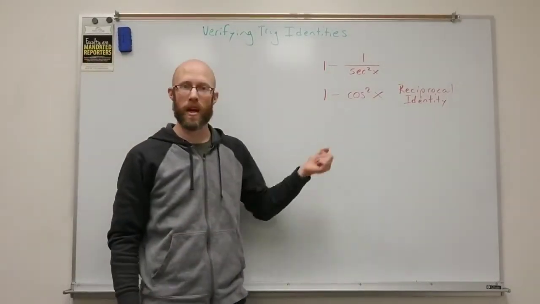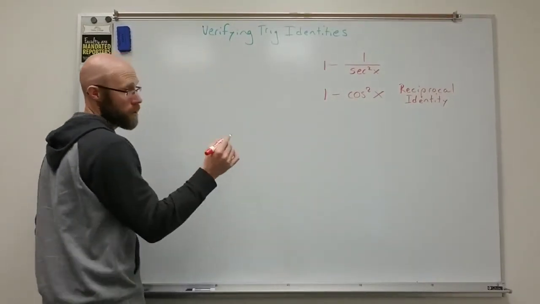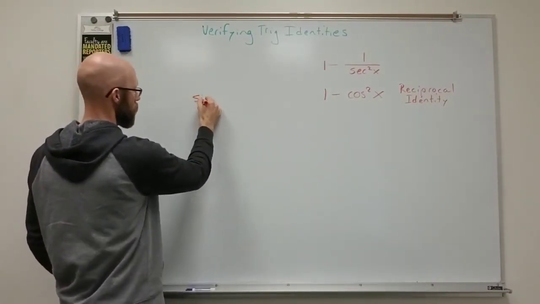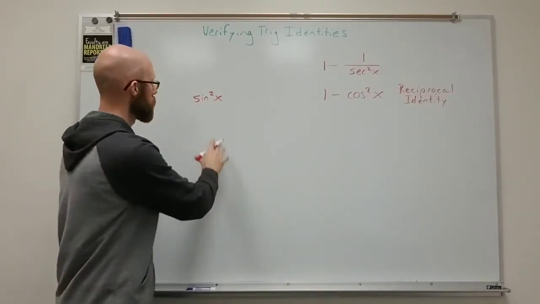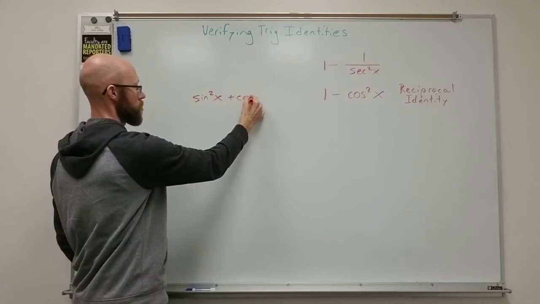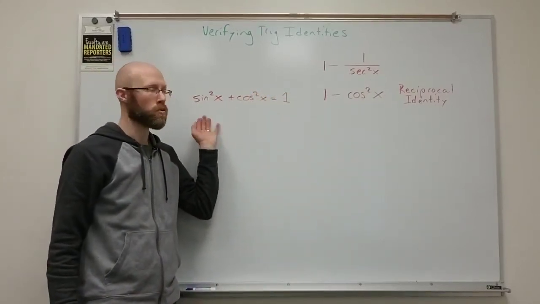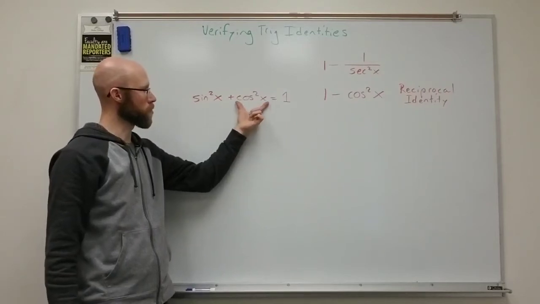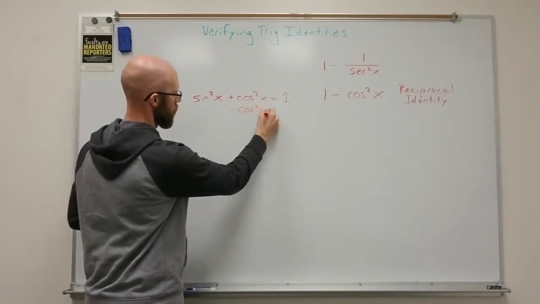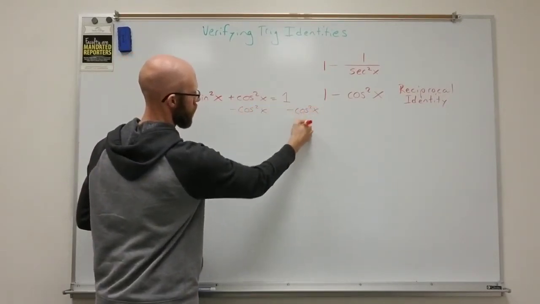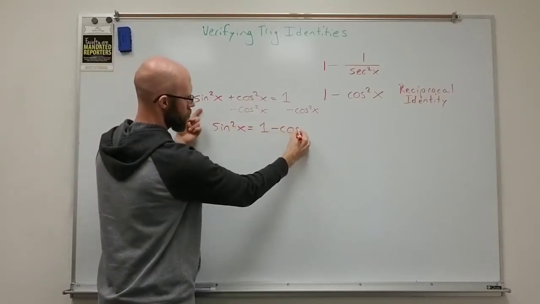Then there's a Pythagorean identity. Now this one's not as clear. You know, hopefully, that the Pythagorean identity, the one I wrote up here in the previous video, sine squared plus cosine squared is equal to 1, right? Well, if you were to look at this identity here, and if you were to subtract the cosine squared from both sides, think about that. You get sine squared x equals 1 minus the cosine squared x.